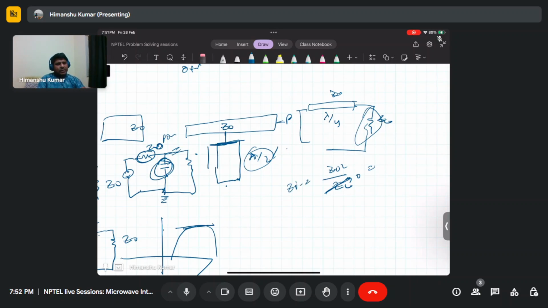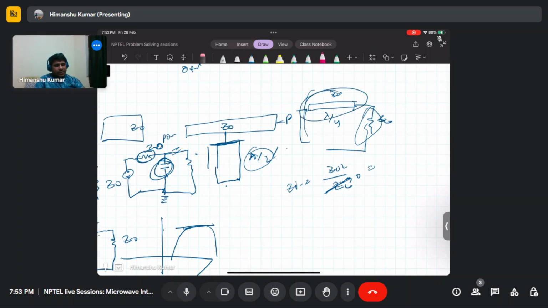So basically, if you use lambda by 4, this line will start behaving like a short circuit actually, this line which I marked.